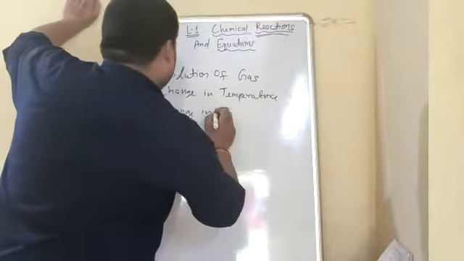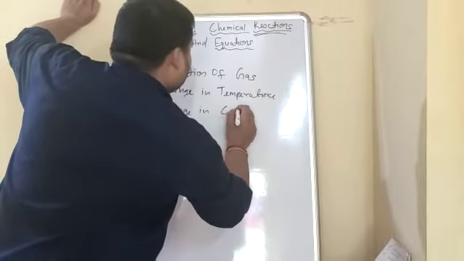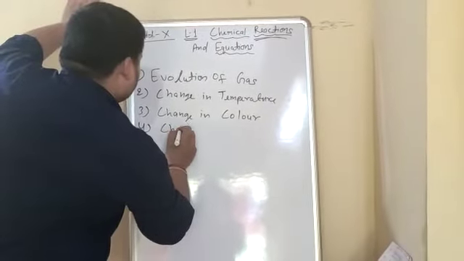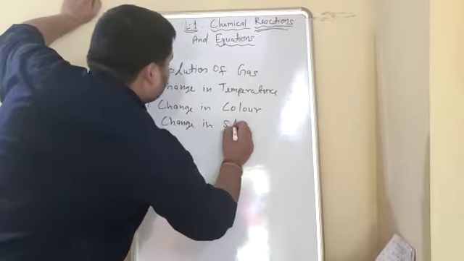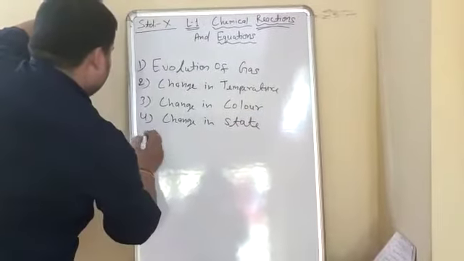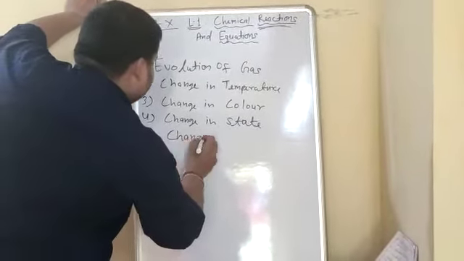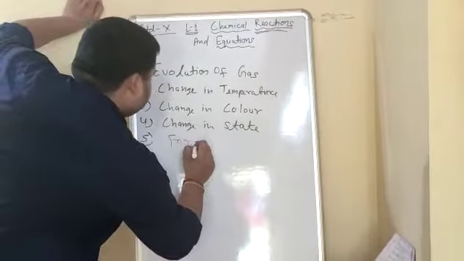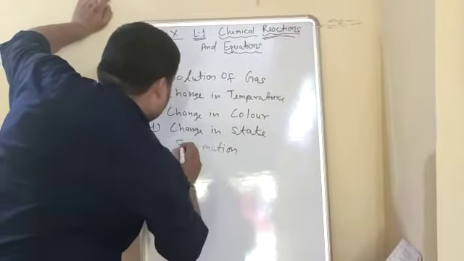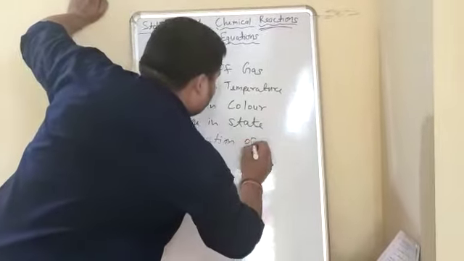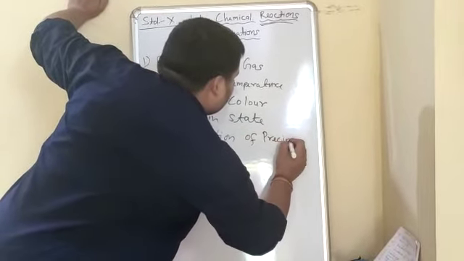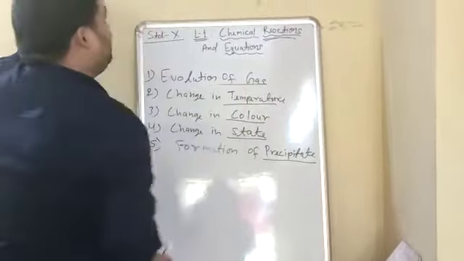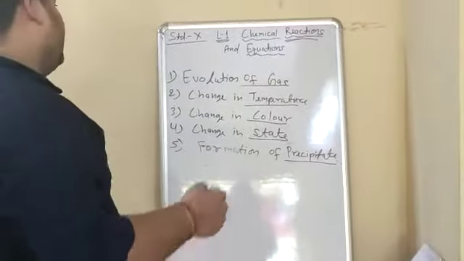Third chemical characteristic is change in color, and fourth characteristic is change in state, and last characteristic is formation of precipitate. So these are the characteristics of chemical reaction.